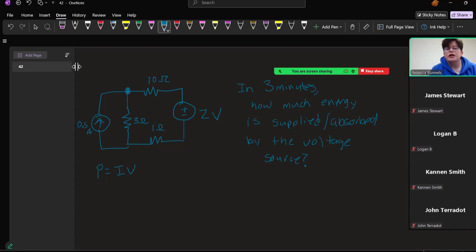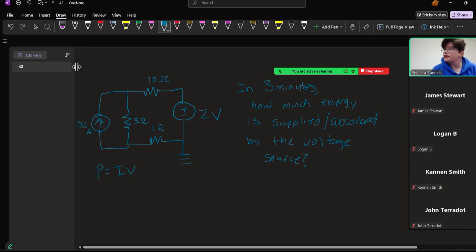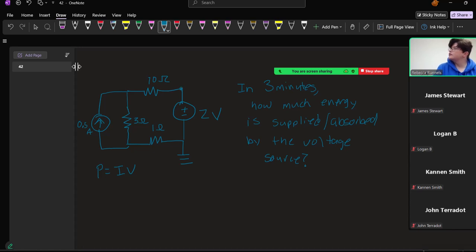So I am going to put ground right there. The reason I'm going to put ground right there is then I know that this is 2 volts. If I put ground right here, would this still be 2 volts? No, because of that resistor in the way.